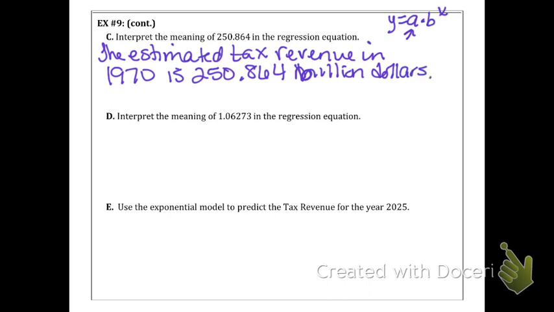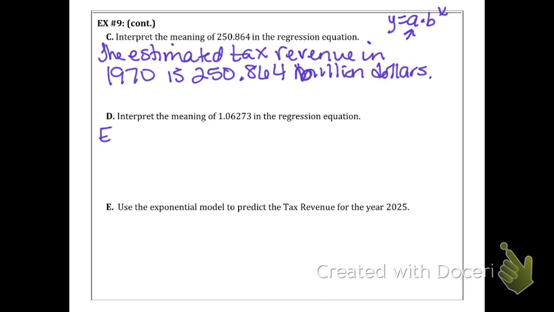D says interpret the meaning of the 1.06273 in the regression equation. That 1.06, that is the estimated growth rate. Okay, that's the rate at which it was changing.